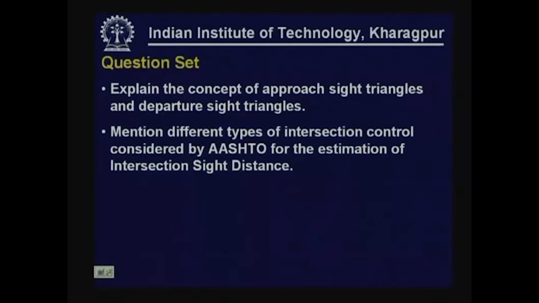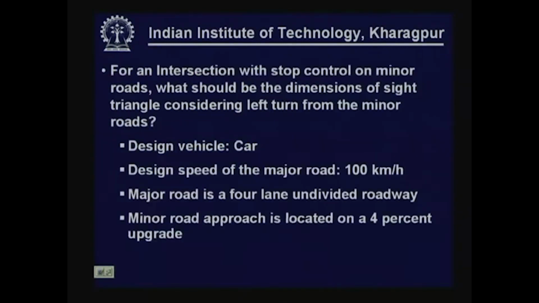Now, we have discussed two types of intersection control and tried to understand the basis. A few questions from the discussion: Number 1, explain the concept of approach side triangles and departure side triangles. Number 2, mention different types of intersection control considered by AASHTO for the estimation of intersection side distance.